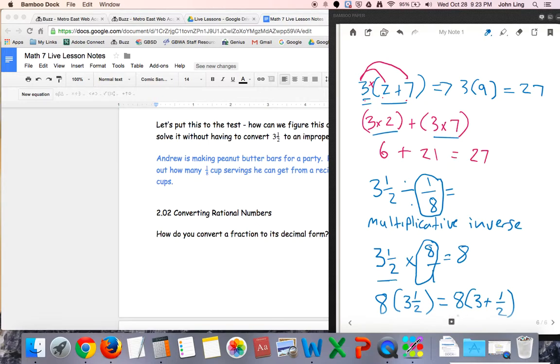That's still 4, right? 3 plus 1/2 is still 3.5. Well, now, guess what I can do? I can use that same distributive property I used up here. I can say this is 8 times 3 plus 8 times 1/2.